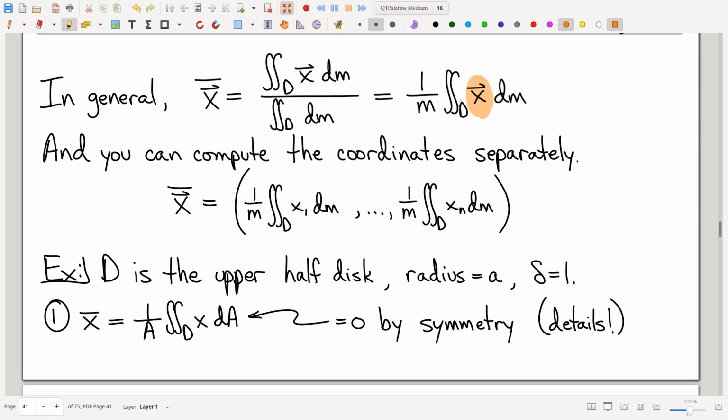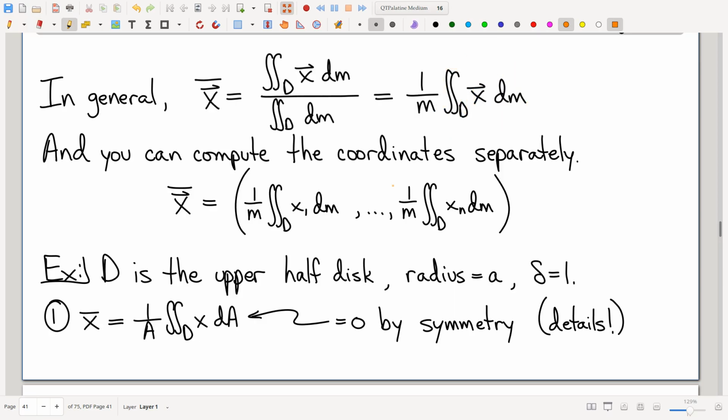I have a vector here. How do I multiply a vector times a scalar? One coordinate at a time. Okay, so natural to do so. All right. Now, this is a vector. How do I add up a bunch of vectors? One coordinate at a time. Right?